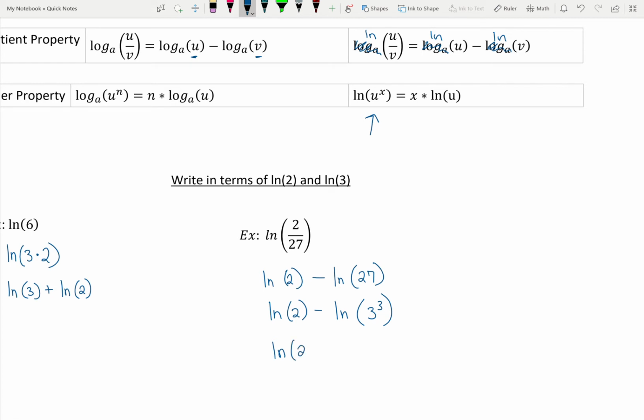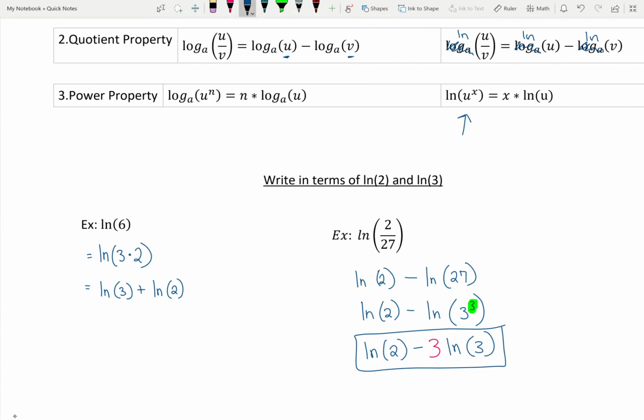So I have ln of 2, and I'm going to take this 3 and bring him down in front of ln of 3. So now we've successfully completed the task. Okay, good. So let's keep moving on.